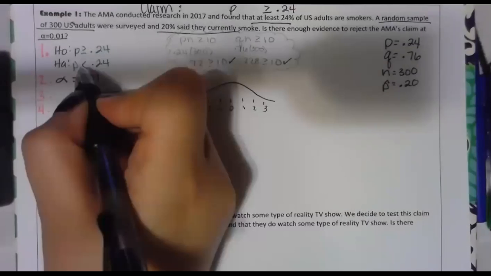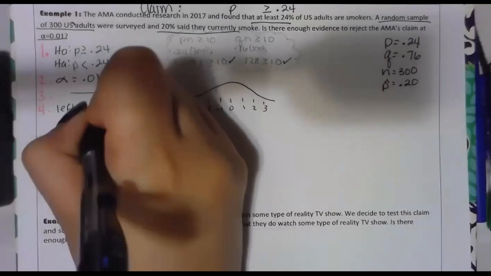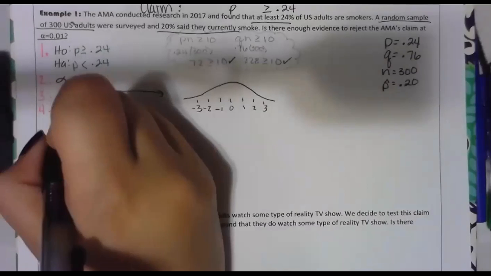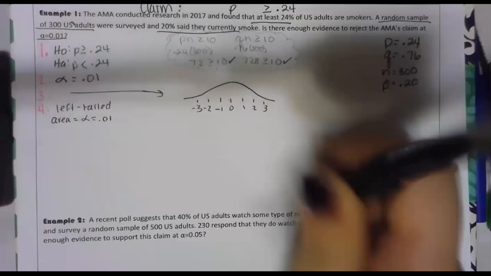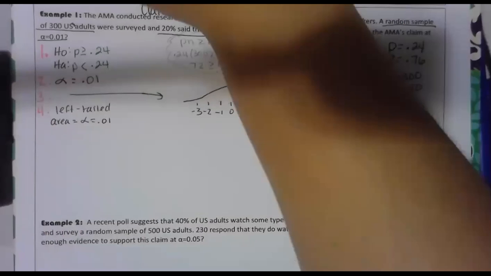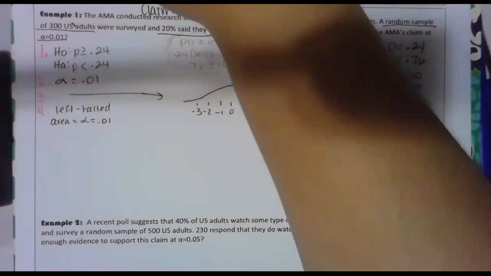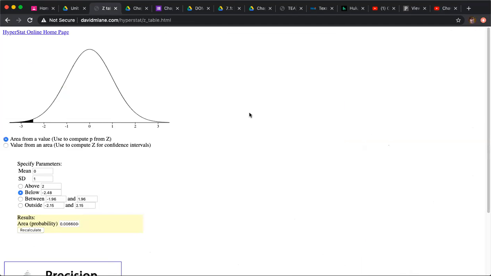If you look at HA, you can see that this is a left-tailed test. And we're going to say our area is equal to alpha, which is equal to 0.01. Okay, and then from here we're going to use, hold on, I was not on the right page, but it's okay. Here's your website. If you're left-tailed, then you're going to be below.